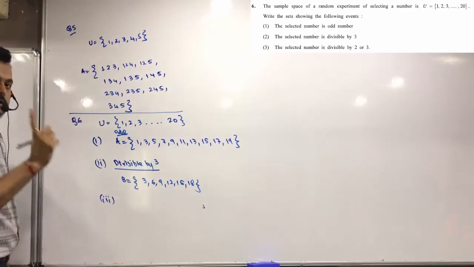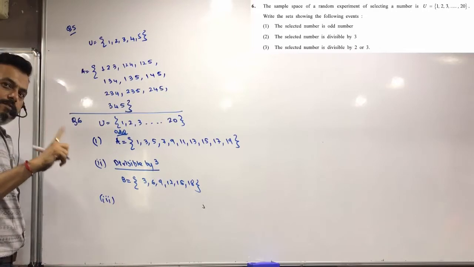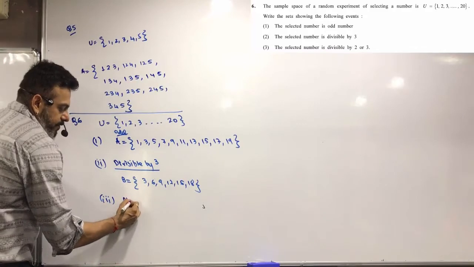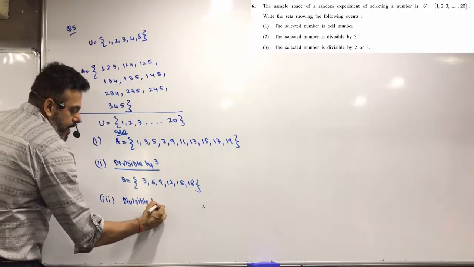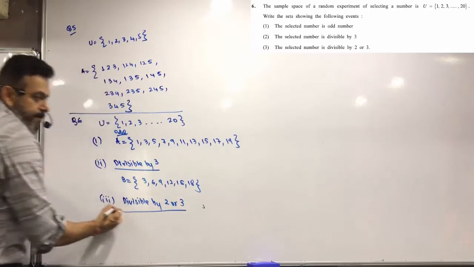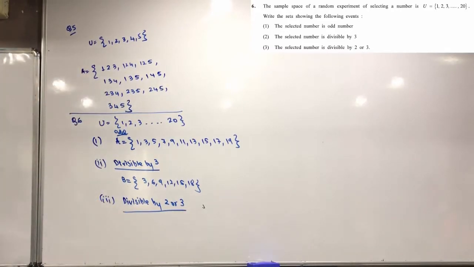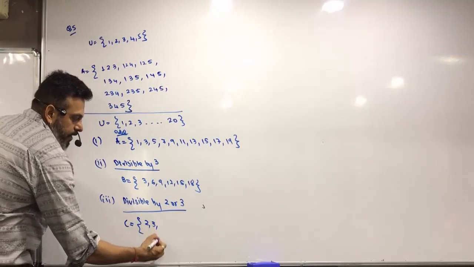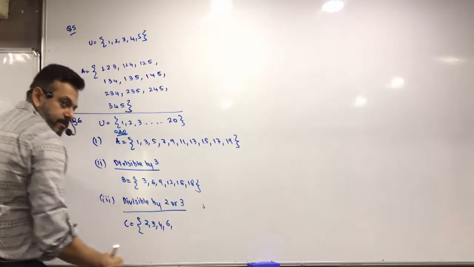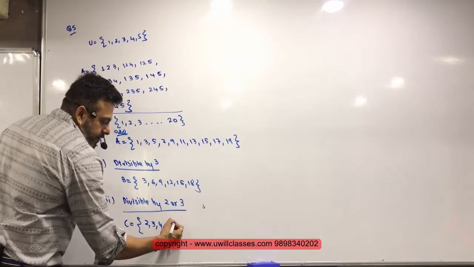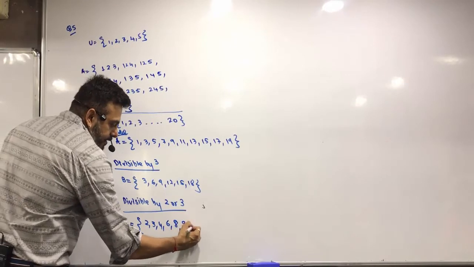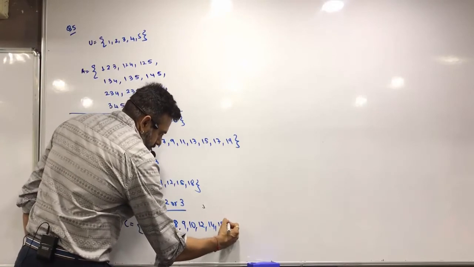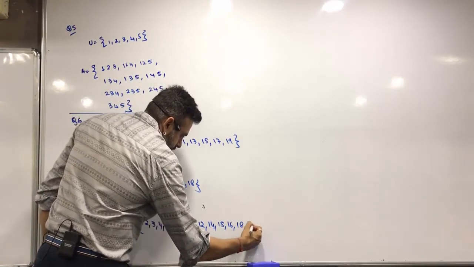And the third is divisible by 2 or divisible by 3. You understood this? Okay. Now divisible by 2 or 3. Now C is equal to 2, 3, 4, 6, 8, 9, 10, 12, 14, 15, 16, 18, 20.